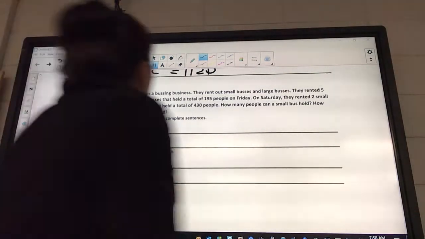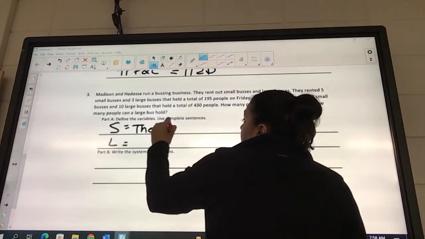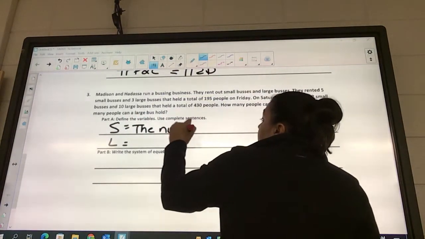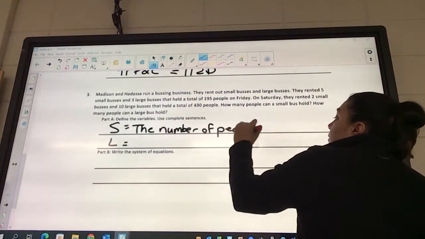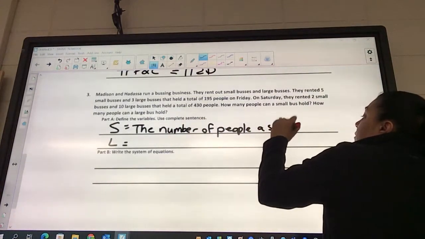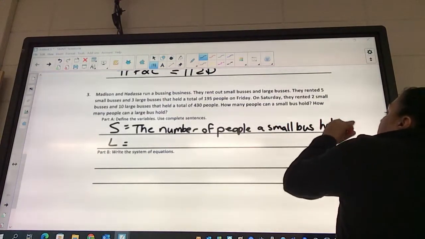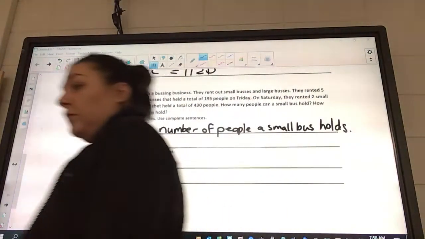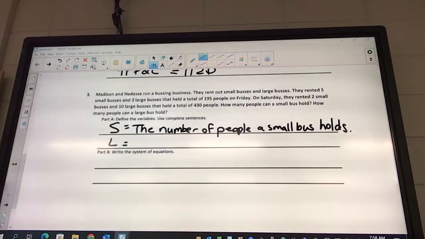So we can say S is the number of people a small bus holds. You can say the amount of people if you want, that's totally fine.